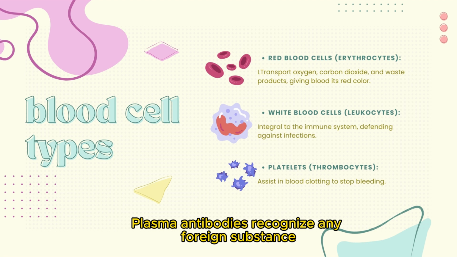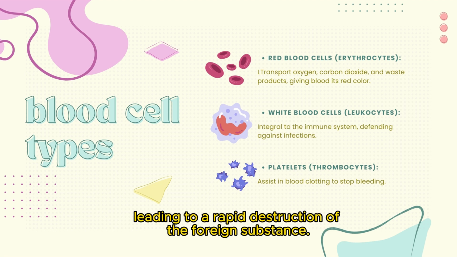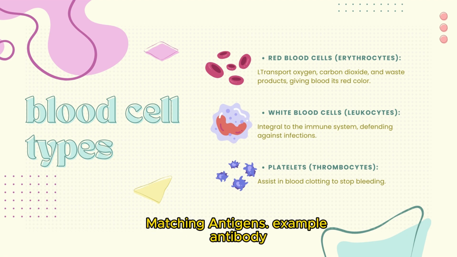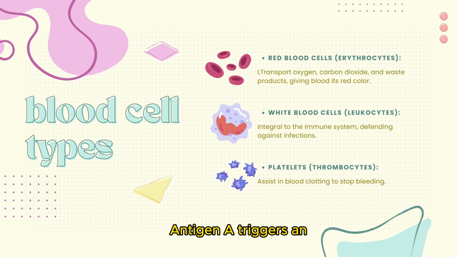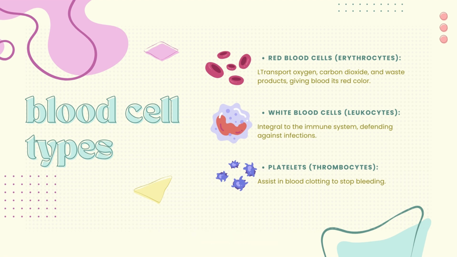Plasma antibodies recognize any foreign substance or antigen entering the body and remember it, leading to a rapid destruction of the foreign substance. And the third, the formula: antibodies will destroy matching antigens. Example: an antibody encountering an antigen triggers an antigen-antibody reaction, culminating in the destruction of the antigen.